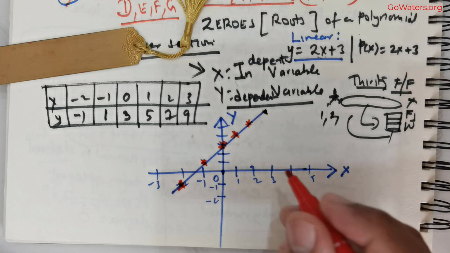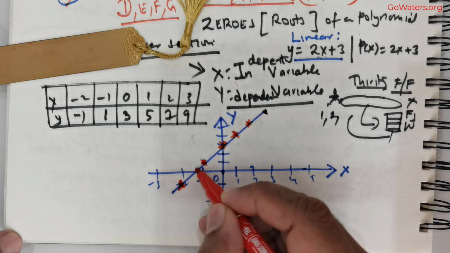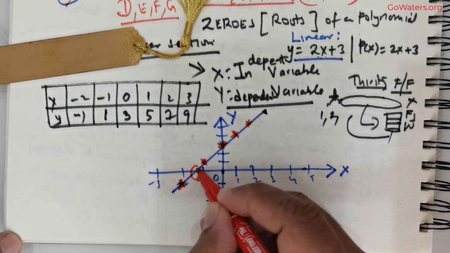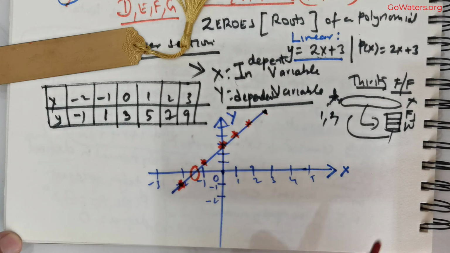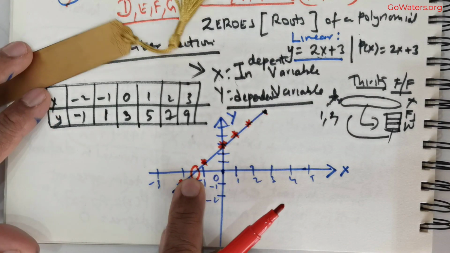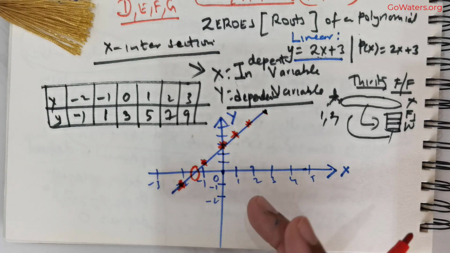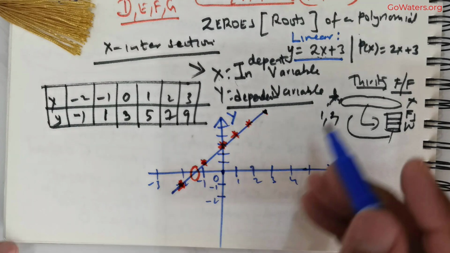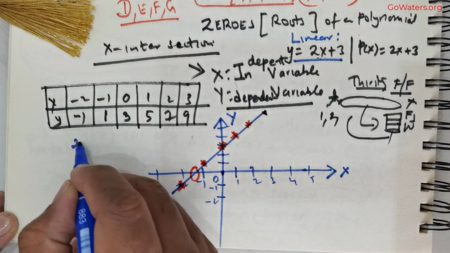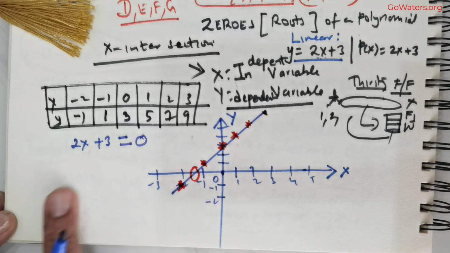Now watch here. When we talk about zeros, we are looking at the point where this line is intersecting the x-axis. That is what we need. If you are drawing this on a graph sheet, you will be able to find it out. But how are you going to find it out in this case? It's very simple. To find the 0, just take 2x plus 3 and equate it to 0.